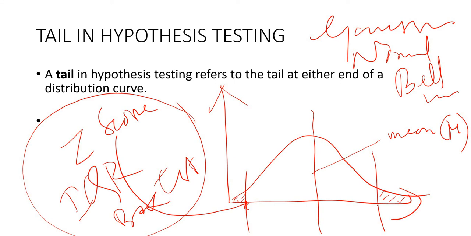We have videos on these, in feature engineering and statistics playlists. You can watch these videos. Anyway, the Z score determines the critical point. This is the critical point. This is minus Z and this is plus Z. Based on those values, we can find the critical points, and this area we call the tail in the Gaussian distribution, or the tail in hypothesis testing.